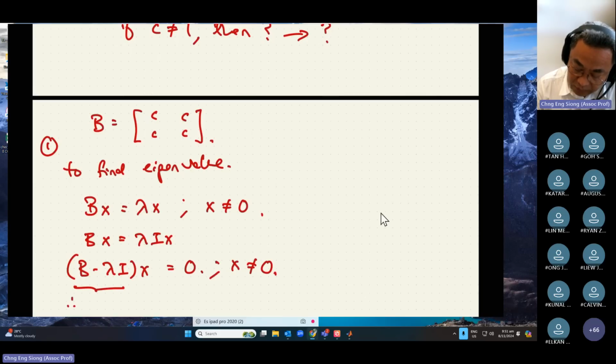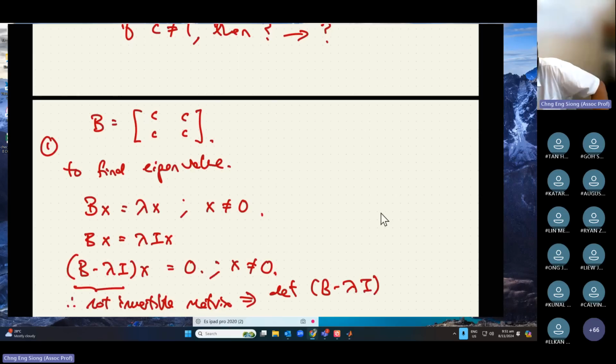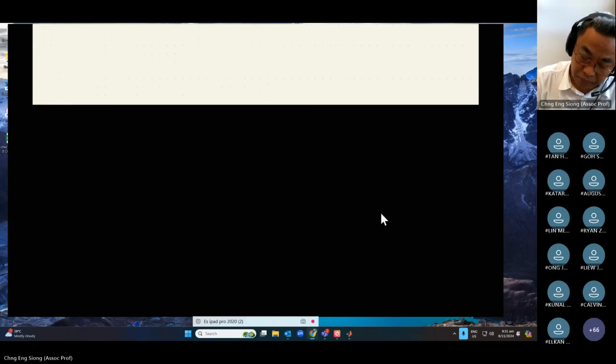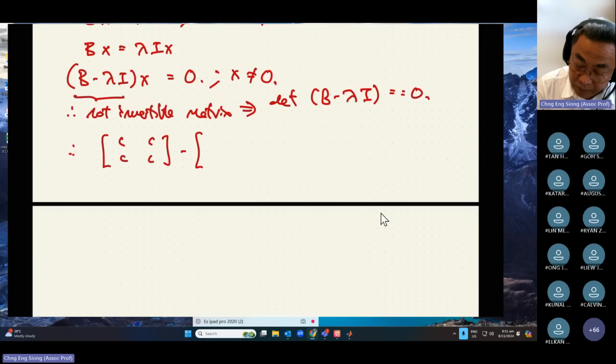Therefore, this is a not invertible matrix, and therefore this implies the determinant of B minus lambda I equals 0. Therefore, C minus lambda, C, C, C minus lambda.